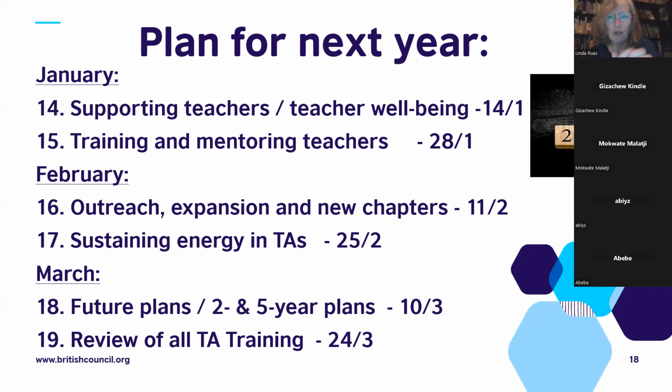We've got the dates there: 2 in January, 2 in February, and 2 in March. We talked a little bit about the topics, and I think this is what suited most of you. If you've got anything else you'd like covered, please tell me and we can fit it in to some of these plans. I'll post this in the group as well.